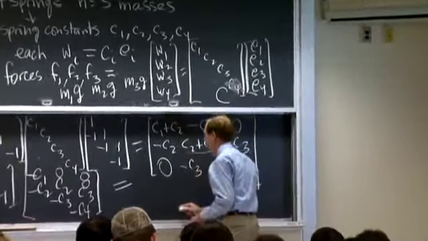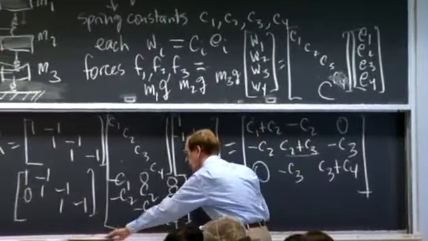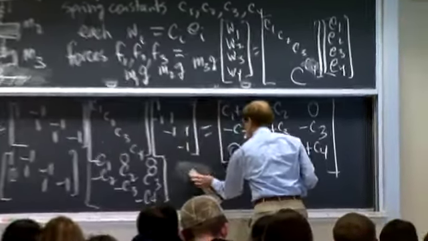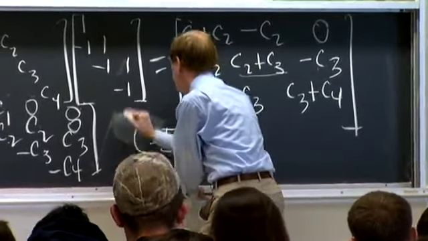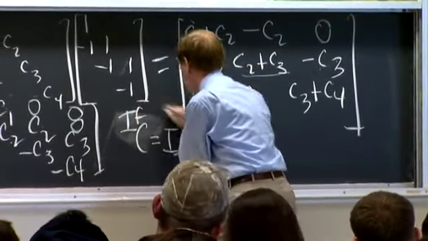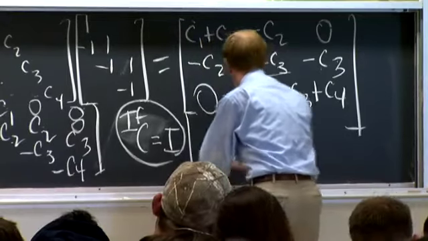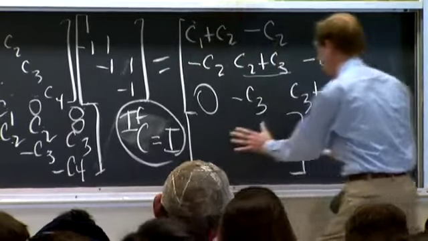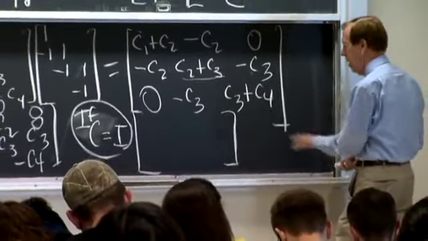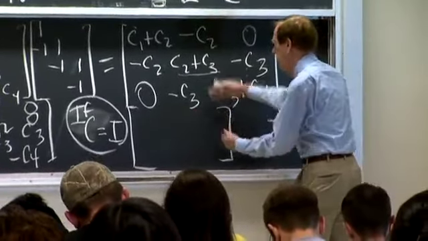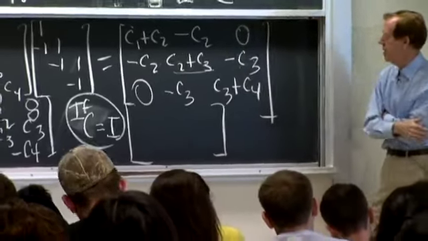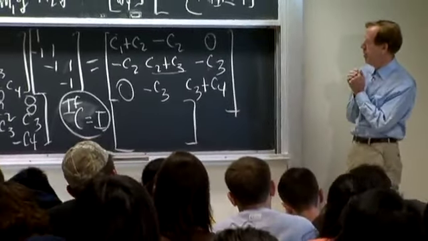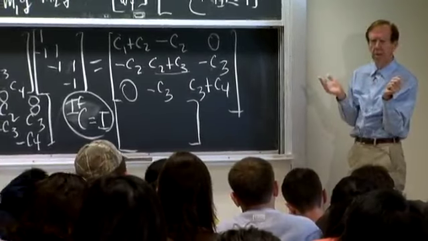So let me take that special case below it, just so we see that we have a matrix that we know about. So this is if C is I, what matrix do we have then? I'm copying this now here in the case when all the C's are 1. If you put all those C's to be 1, what matrix do you get?